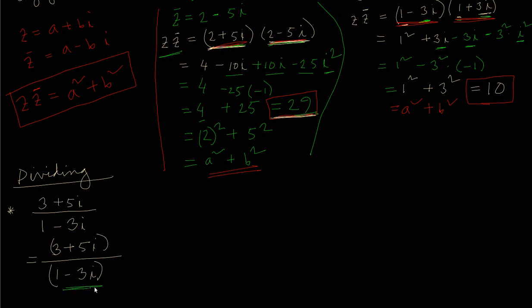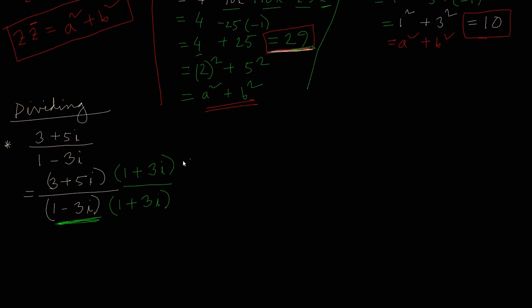So I am going to multiply the denominator by the complex conjugate of this number. What is the complex conjugate? 1 plus 3i. So I also need to multiply the numerator by 1 plus 3i. So I am not changing anything.